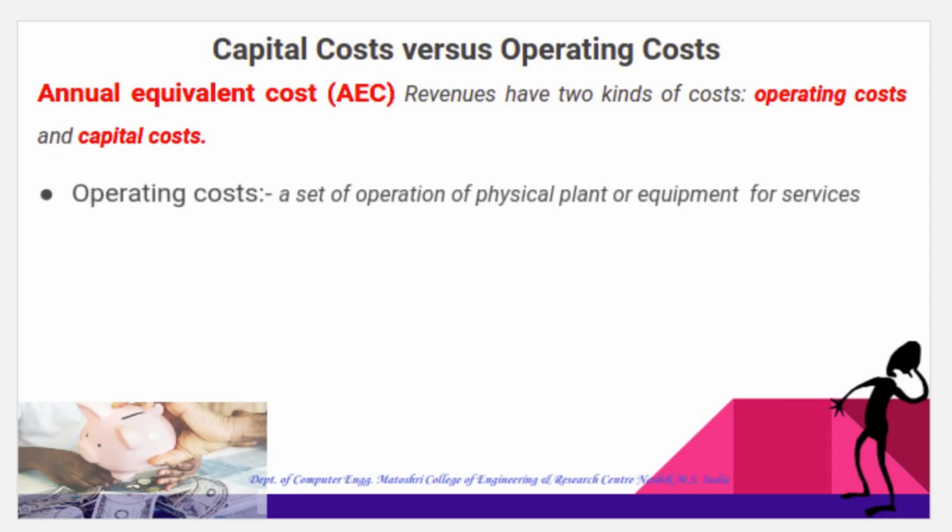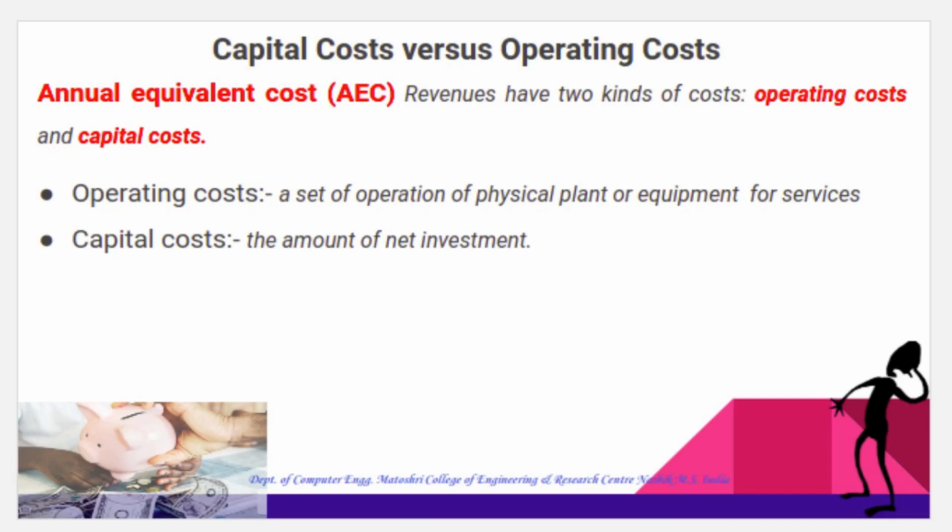Operating costs are incurred through the operation of physical plant or equipment needed to provide service. For example, they include items such as labor and raw material, while the capital costs are incurred by purchasing the asset to be used in production and service.